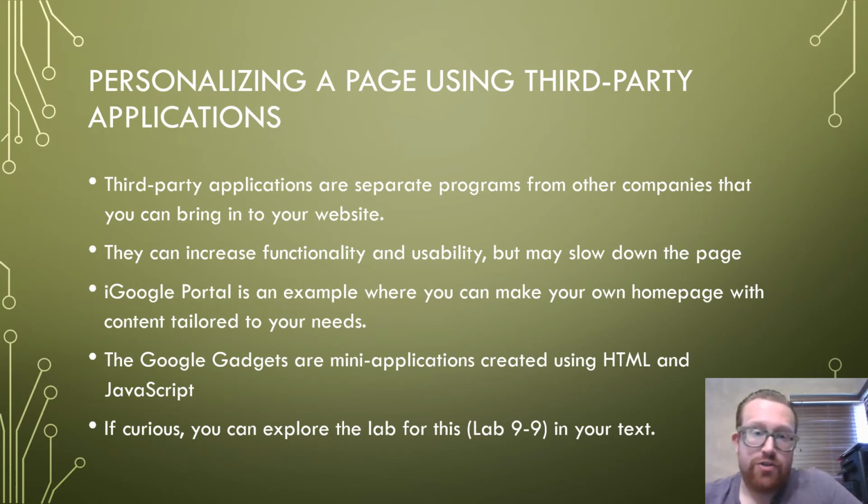One of the other features that's talked about in the text is personalizing a page using third-party applications. This has grown in the past few years. What that means is, it used to be you were using one person and yourself to create content. When I say one person, I might mean the server where your website is stored.